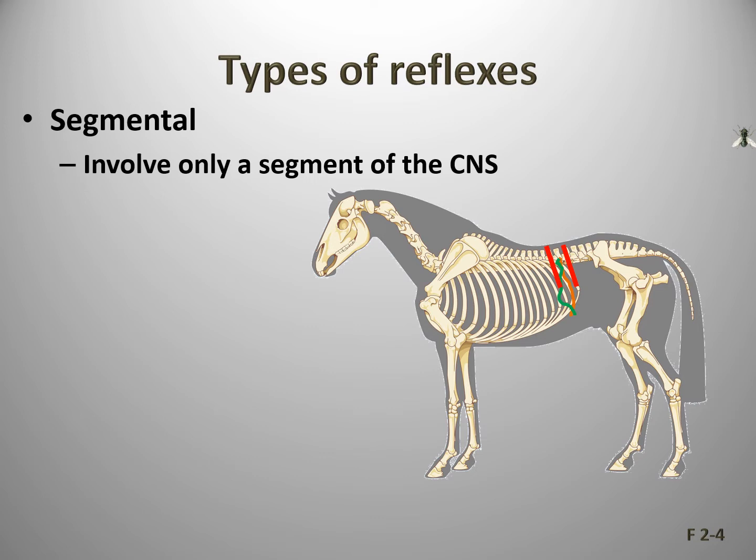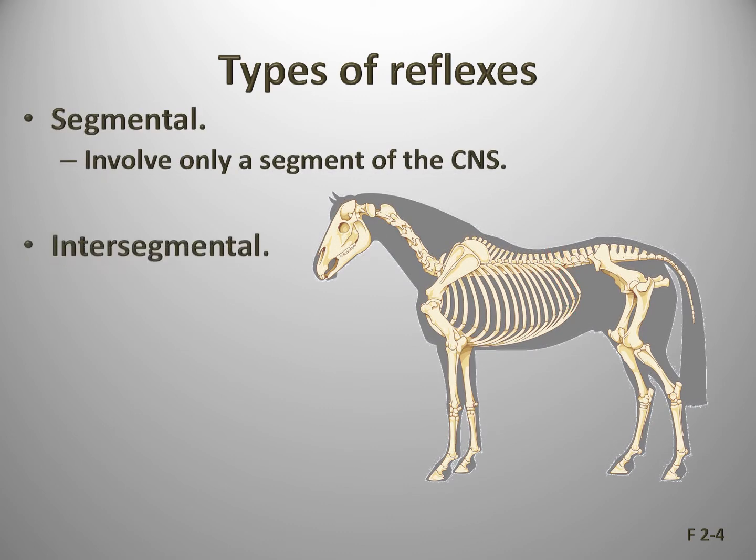The signal entered through the dorsal aspect of the spinal cord, and the efferent signal left the spinal cord through the ventral nerve of the same vertebra. Therefore, it used only a segment of the central nervous system at the spinal cord. This reflex arc was a monosynaptic reflex because only one synapse was used in the spinal cord.